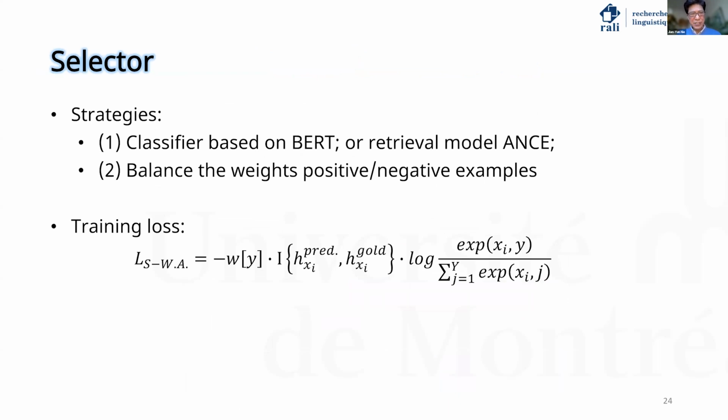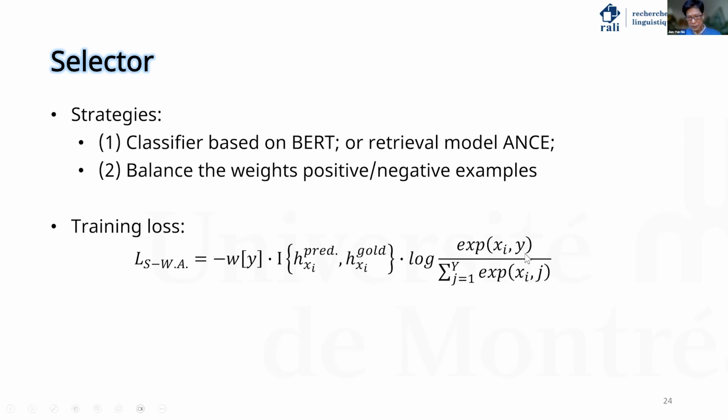The strategy is to train a selector. The selector can be based on BERT. It is quite easy. You have a previous turn and the current turn, and a BERT model will create a representation and then a classification afterwards.